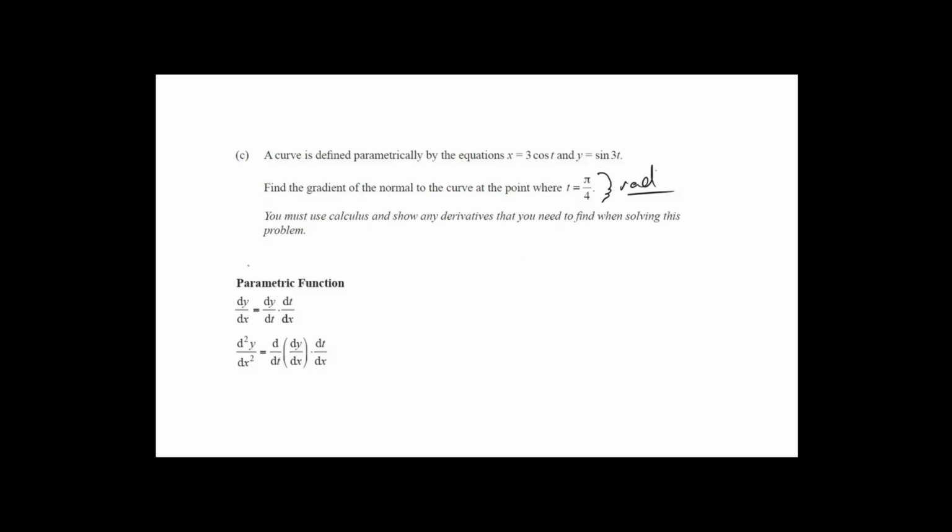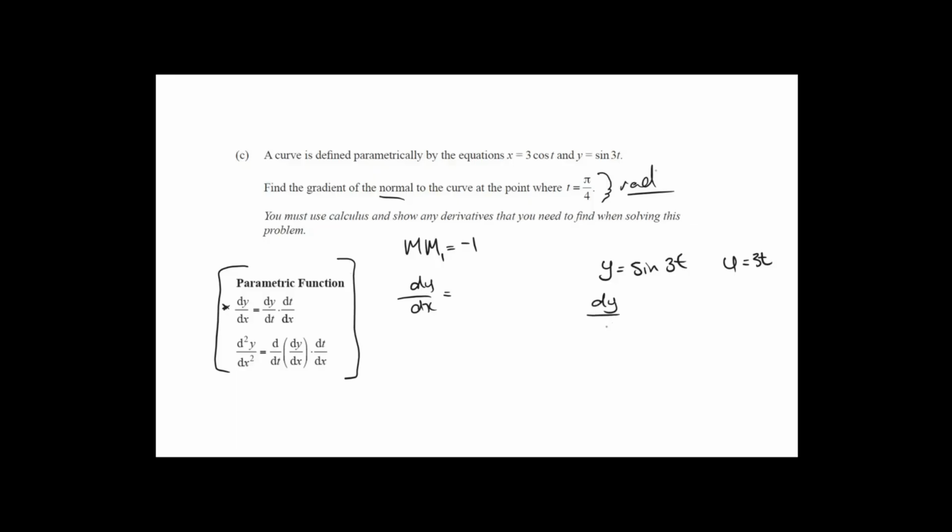Okay, so using the parametric formulas that are given to us, what are we trying to find? We're trying to find dy dx, and this is going to give us the gradient of the tangent, and the gradient of the normal to that curve is going to be that m1 m2 equals -1 business. So dy dx is going to be dy over dt over dx over dt, and if y is sine of 3t, then I'm going to set u to be equal to 3t.